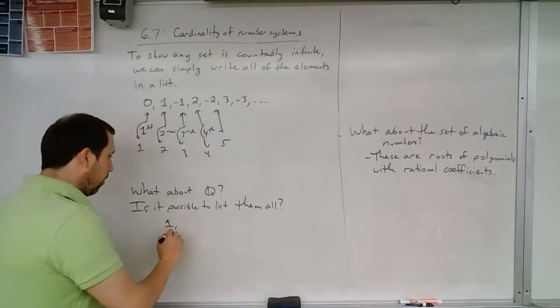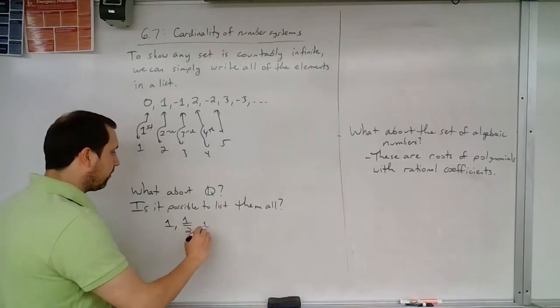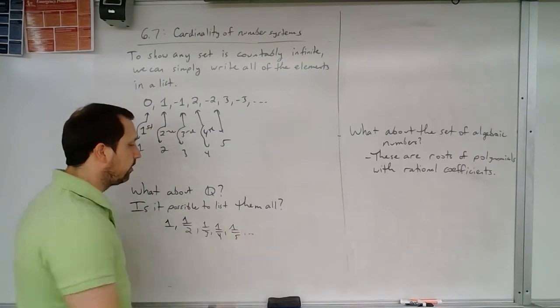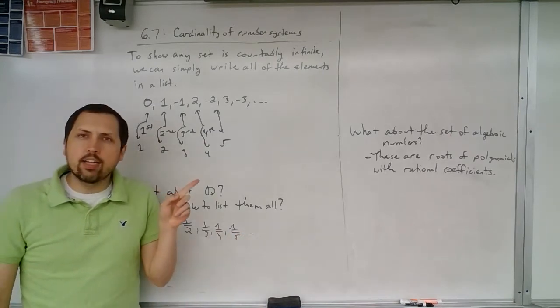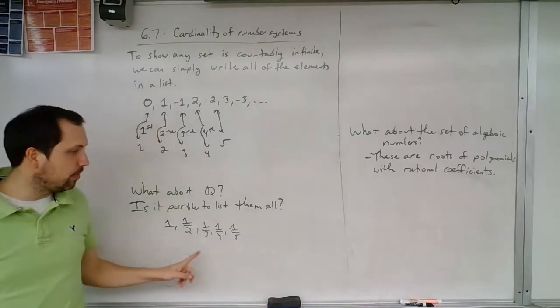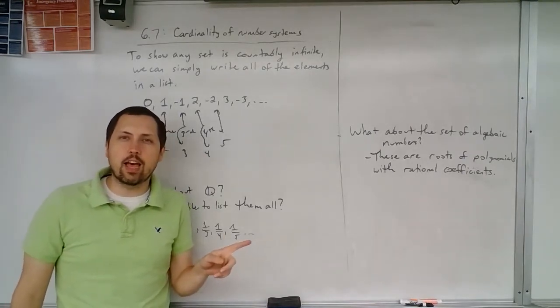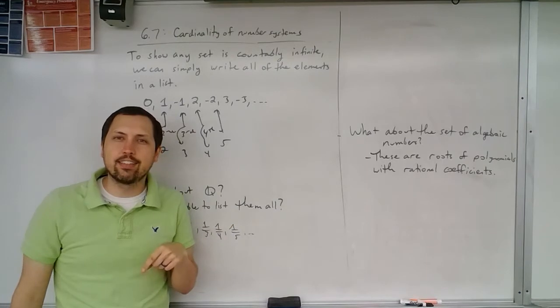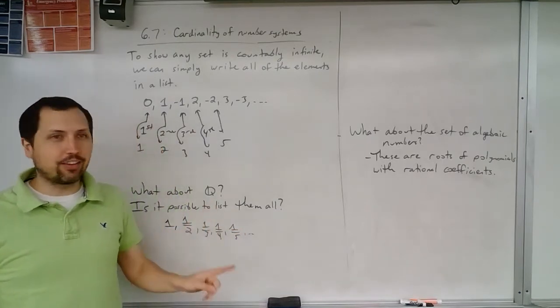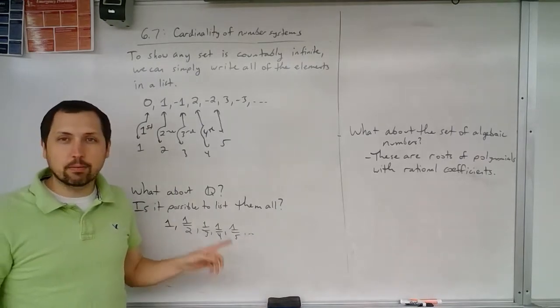Well, I also have something like 1/2, and 1/3 and 1/4 and 1/5, and so on and so forth. But this is not going to give me all the rational numbers, right? This just gives me all of them of the form 1/n. I don't even get to 2, right?